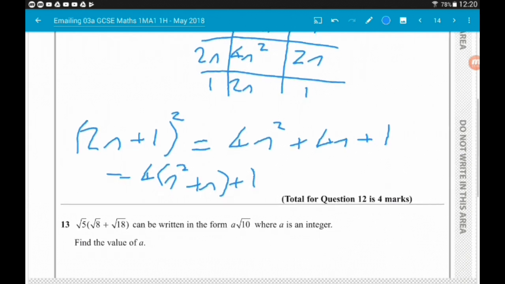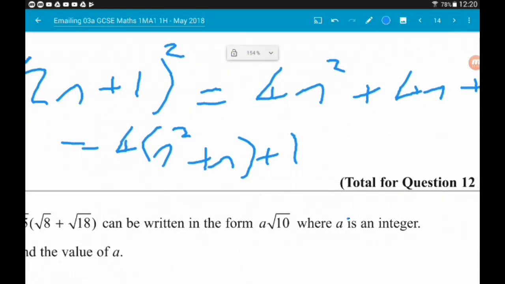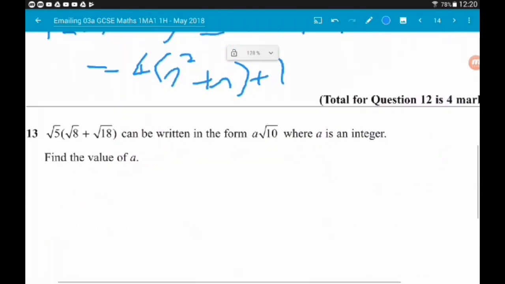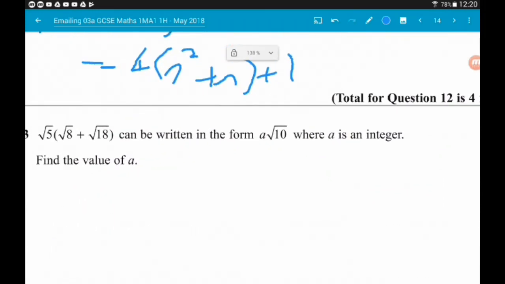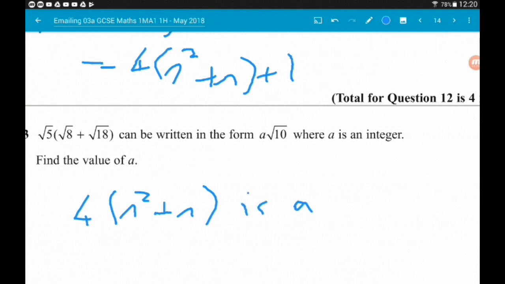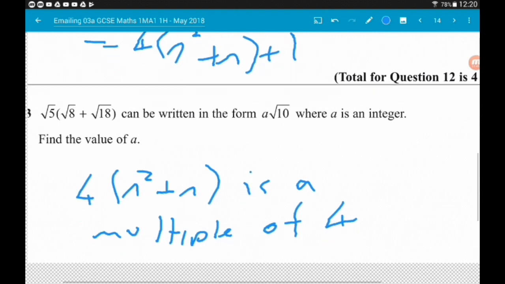I guess what you would want to say here is, let's just do it down here. So you would really want to write something like 4 lots of n squared plus n is a multiple of 4.